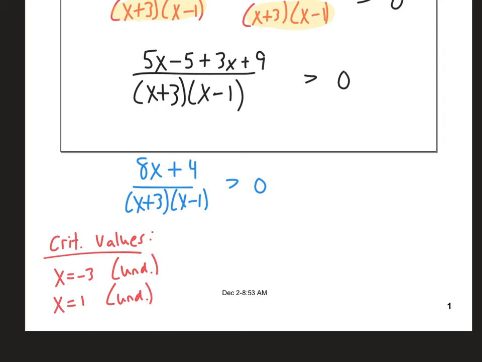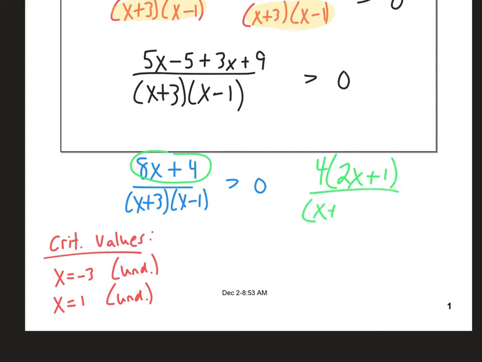Okay, but one other thing we could do, because remember, critical values, again, are not just the excluded values, but also anything that would actually solve this as an equation, meaning which x would make it equal 0. So since this numerator is factorable, that's going to help us visualize what's going to make the fraction 0. If we factored a 4 out of there, it would be 2x plus 1.